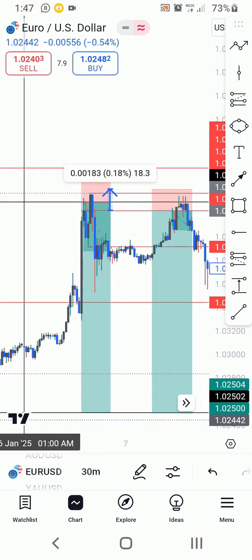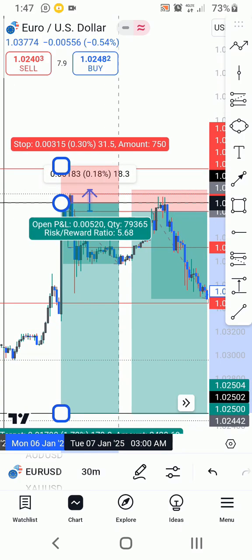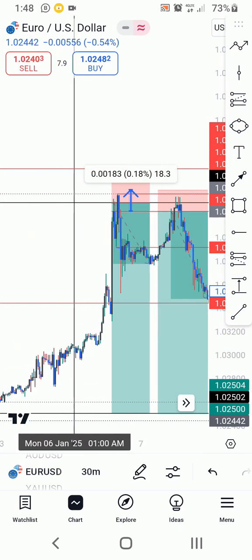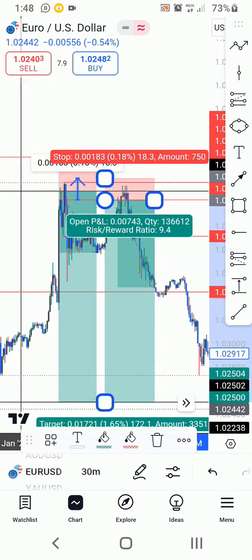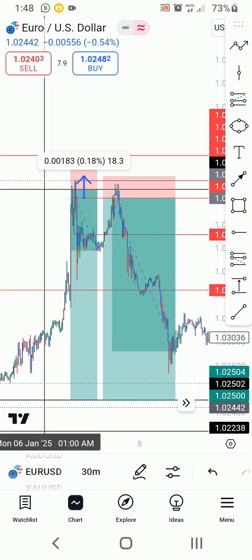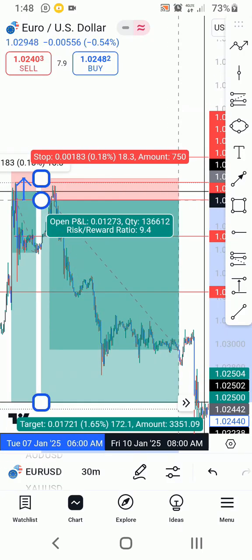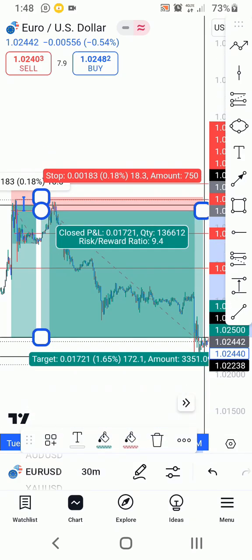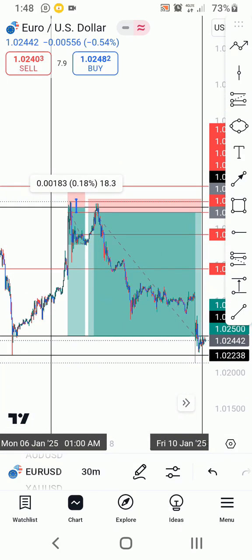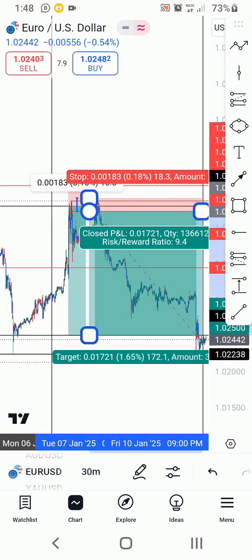Let us see. It started dropping. The first one and the second one, as you can see, the market started dropping. Oh, wow. Both entries, the TP was hit. The first one and the second one.